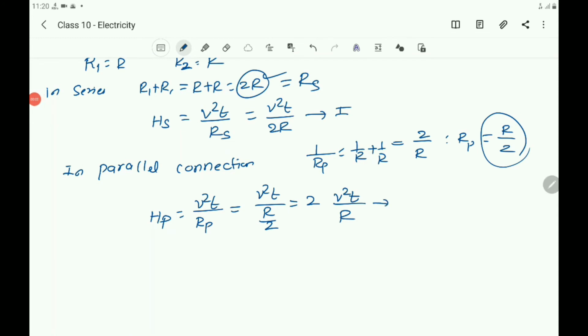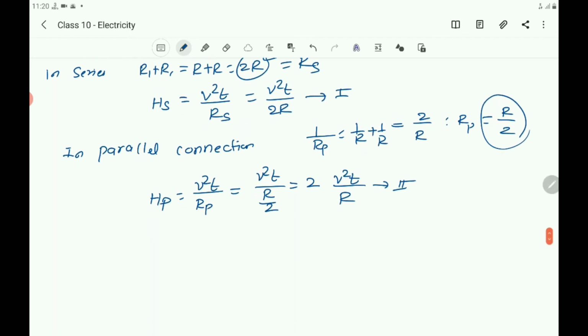Then you take this is second one. Now here what you have to find out? The ratio of heat produced in both the cases, that is Hs by Hp we have to find out. Hs by Hp. What is Hs here? V square T by 2R, that by 2 into V square T by R. So here if you do that, V square T by 2R into 2.